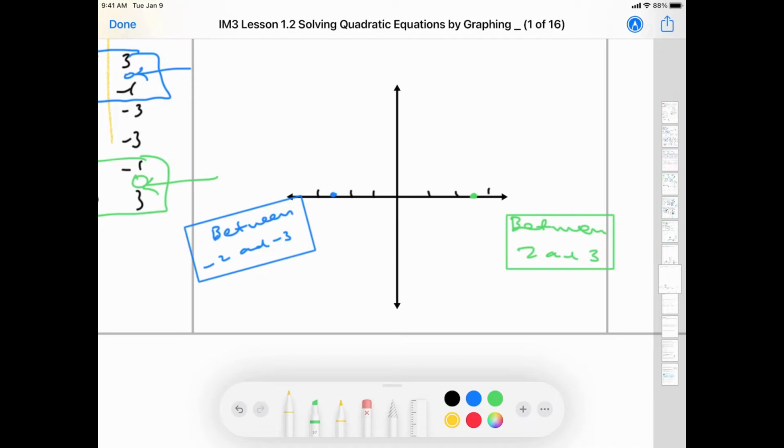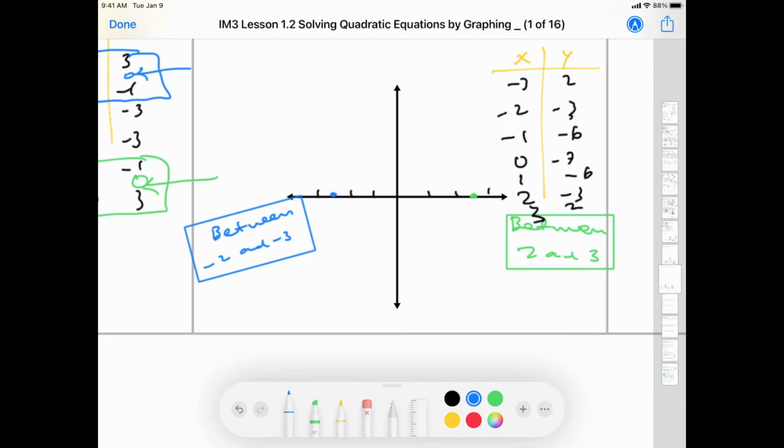So we get a table of values. -3, 2; -2, -3; -1, -6; 0, -7; 1, -6; 2, -3; and 3, 2.